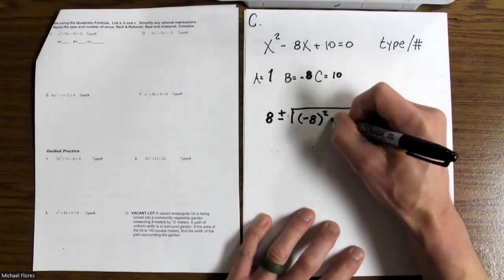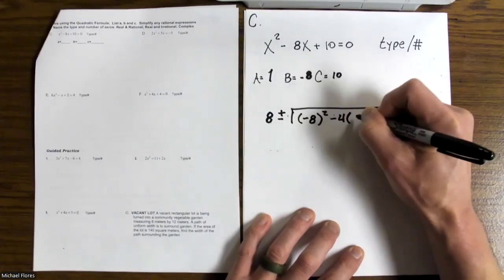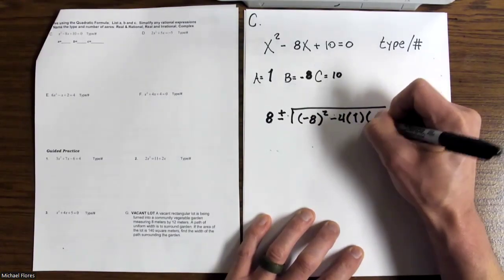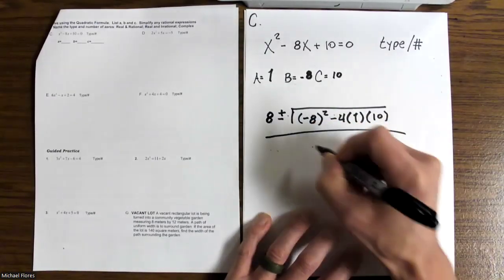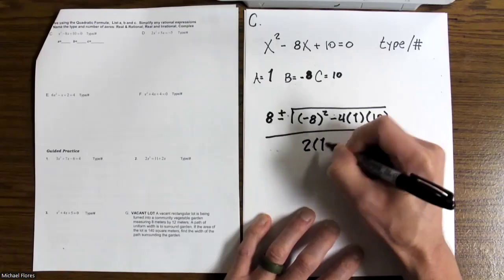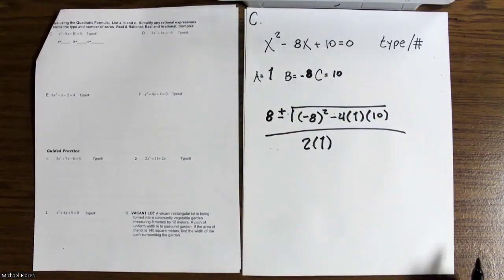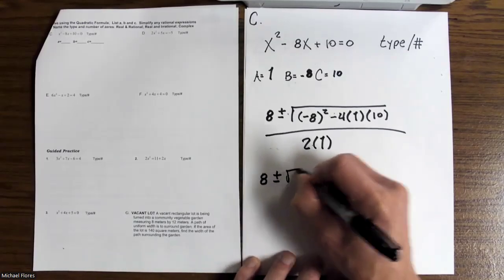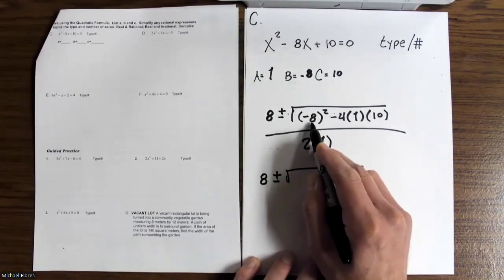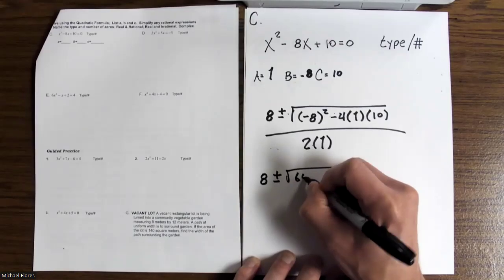That does matter. -4 times a times c, all divided by 2 times a. Now we're going to start simplifying. 8 plus or minus square root. -8 times -8 is +64.